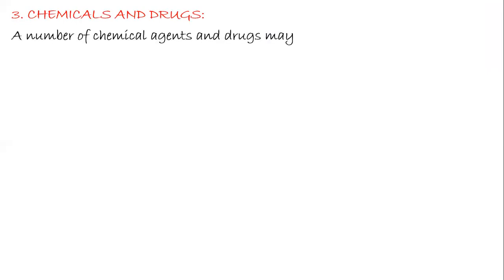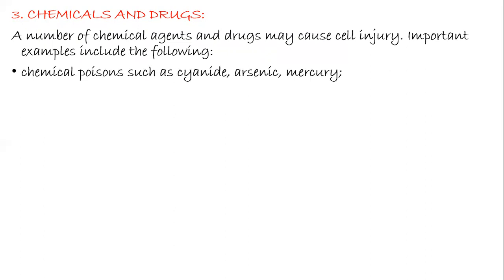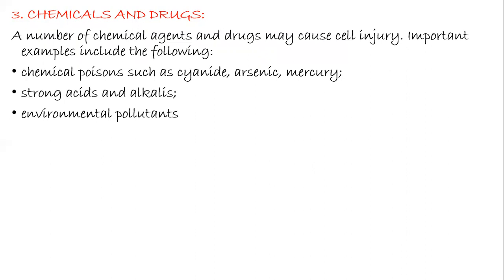The third cause is the chemicals and the drugs. A number of chemical agents and drugs may cause cell injury. Important examples include the following. The first is chemical poisons, mostly cyanide, arsenic, mercury, strong acids and alkalis, environmental pollutants, insecticides and pesticides.